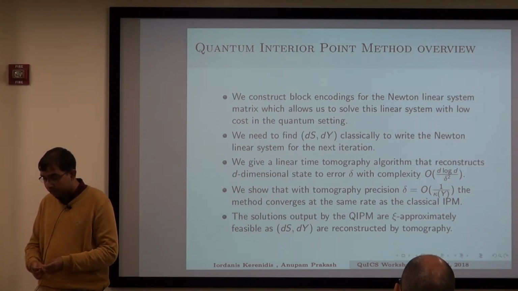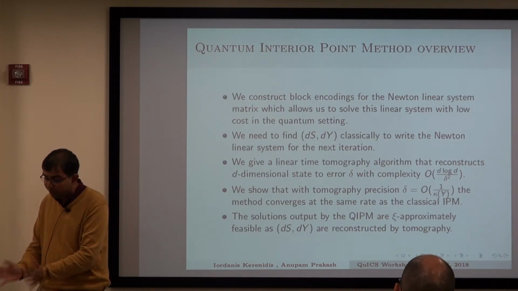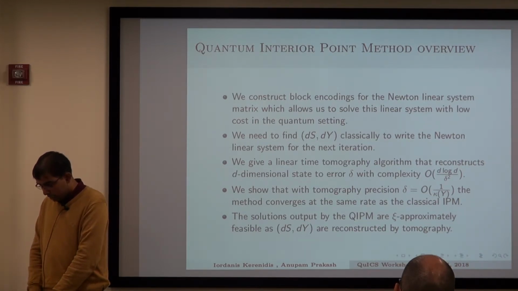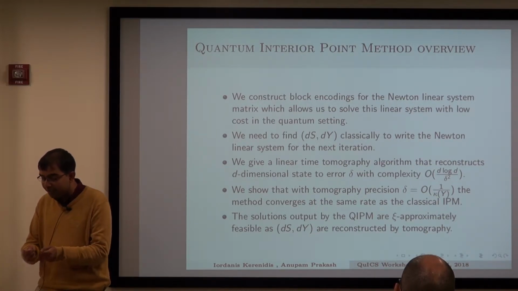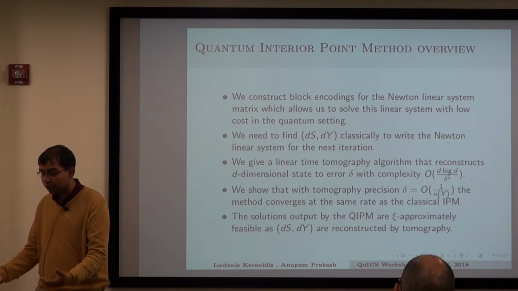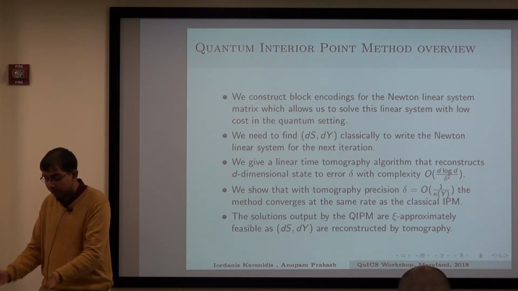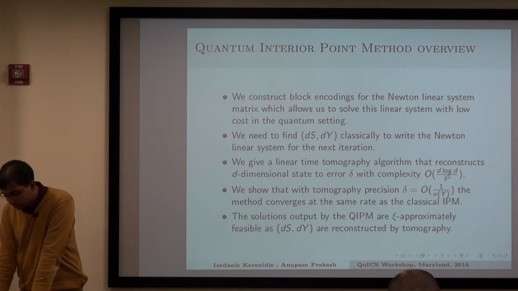So this is another important part of the analysis: the tomography precision really has to be just 1 over kappa y. And it's because of this tomography that we have this xi approximateness in the quantum setting. If the linear system solver was exact, one would recover a perfectly feasible solution to the SDP. But because we have this tomography, there's an additional xi error for these solutions.